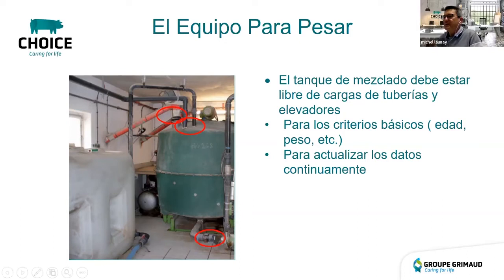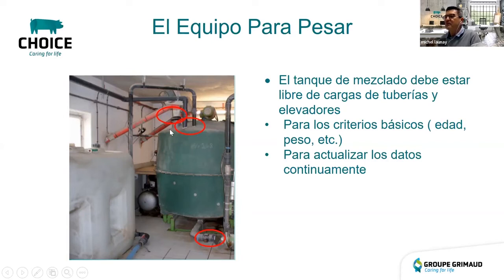In this picture, you can see the pipe is linked in a way that is not flexible to the pump from the tank. So it could be a problem to have a good weight. You have the same thing here in the second red circle. You can see that the pipes are also fixed to the tank, so it's not good.